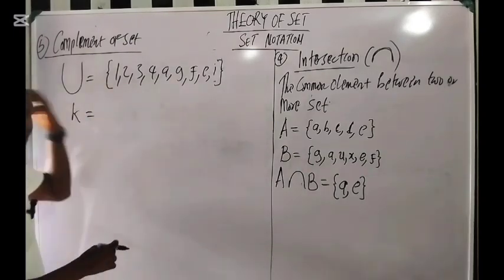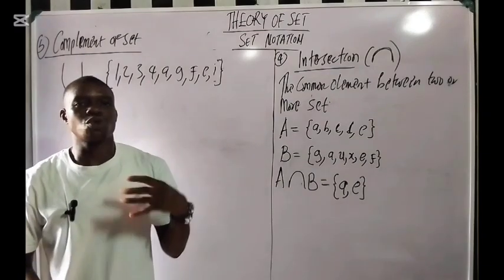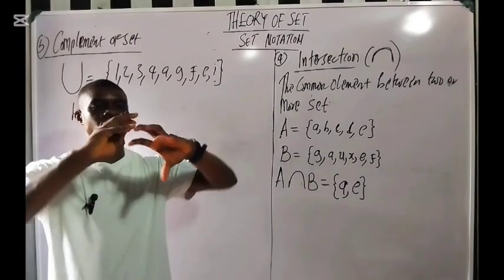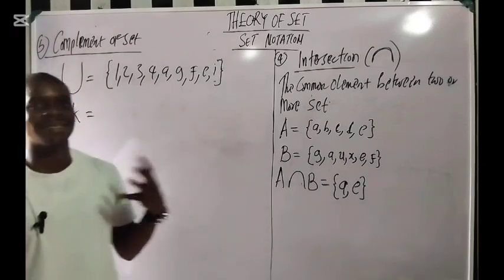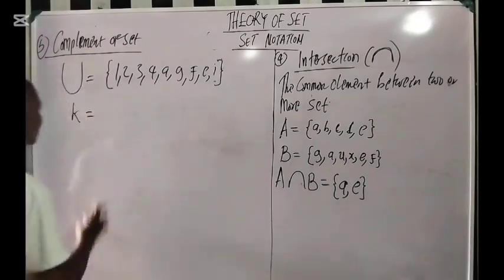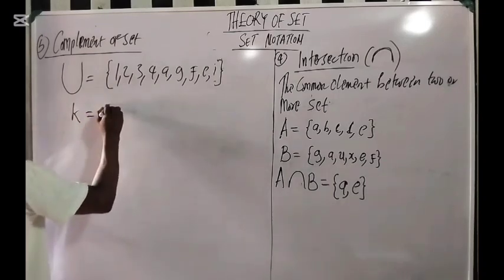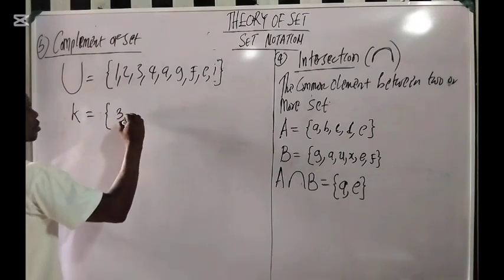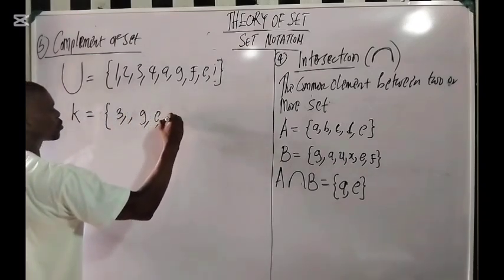Remember I told you in the first video that a universal set is a model set that gives birth to other sets. So a universal set is a combination of other sets, while subsets are sets derived from the universal set. So let's say this K here is a subset of the universal set, and it has 3, G, E, and 2, right?